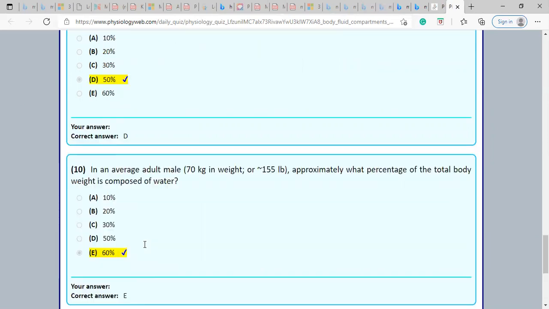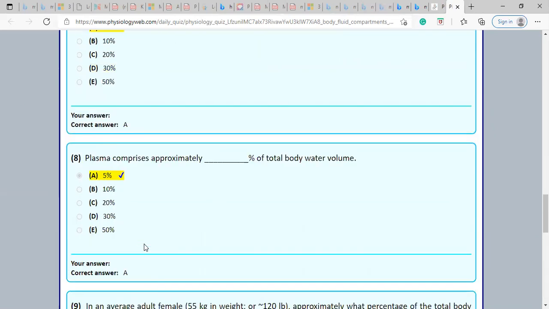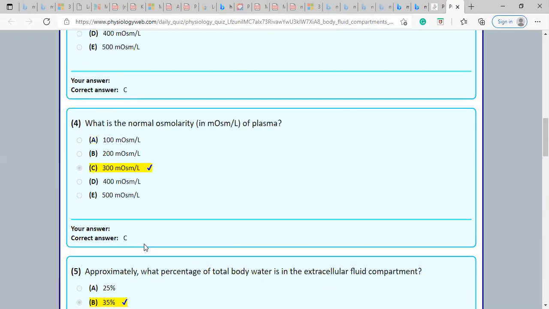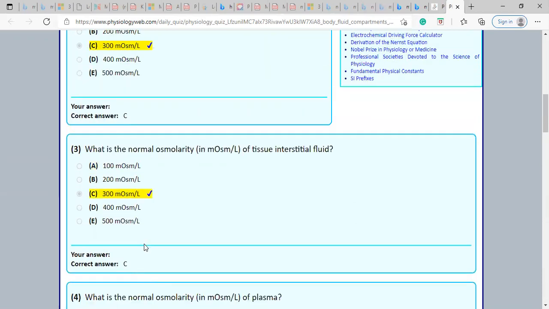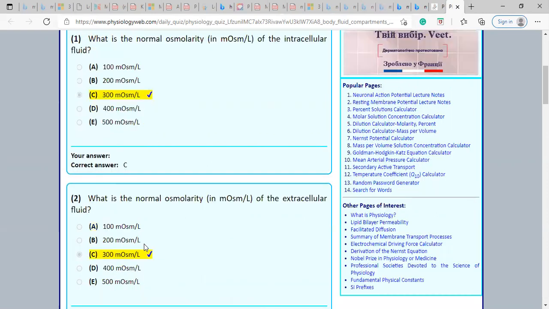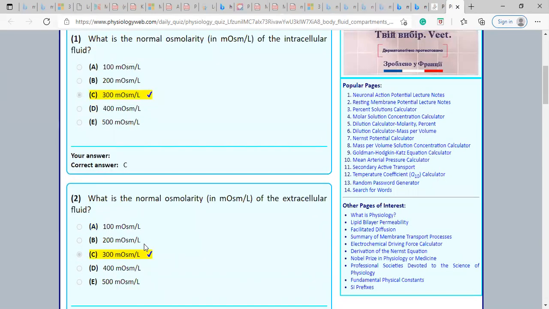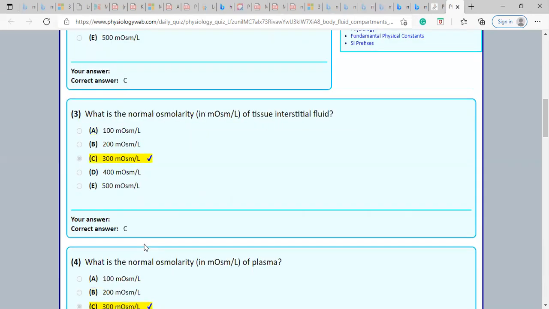Good, so your calculation was correct. 5%, 65%. So remember osmolarity is 300 milliosmol per liter, and it is the same for intracellular, extracellular, and interstitial fluid.